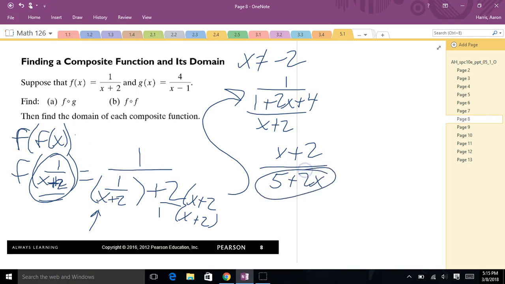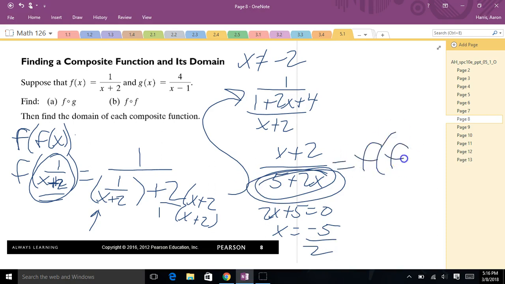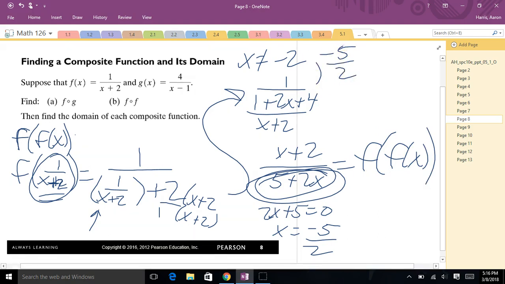The denominator cannot be 0, so where's 2x plus 5 equals 0 when x is negative 5 halves. Negative 5 halves also causes a problem for this f of x function. So negative 2 as well as negative 5 halves. Both of those cannot be a part of my domain, x such that.